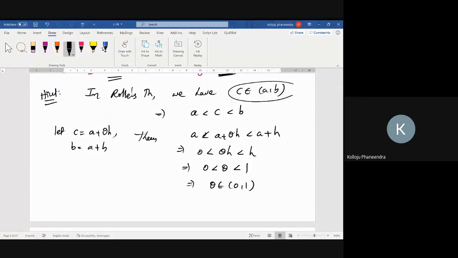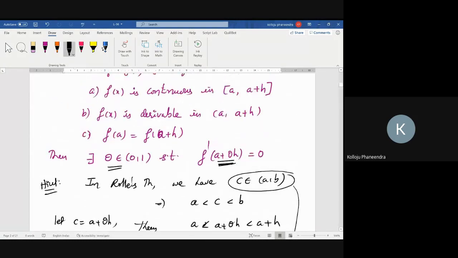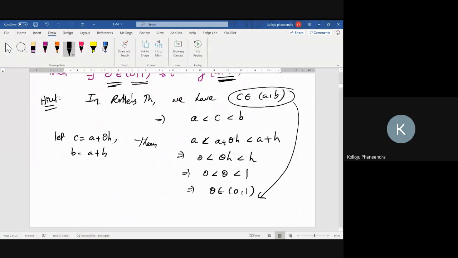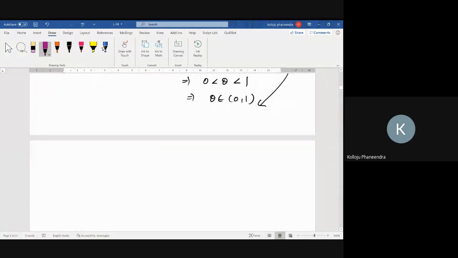So C belongs to A comma B now reduces to theta belongs to 0 comma 1. After satisfying these three conditions, there exists theta belongs to 0 comma 1, not A comma A plus H, such that f dash of A plus theta H equals 0. This is Rolle's theorem.